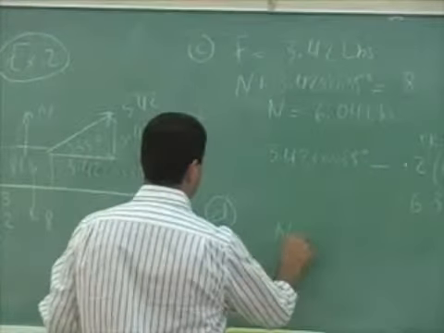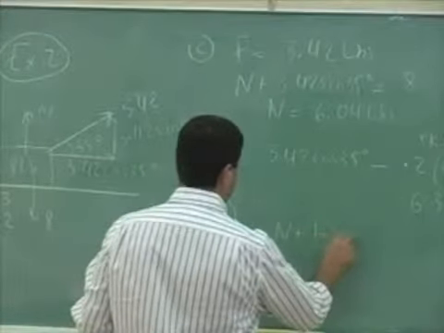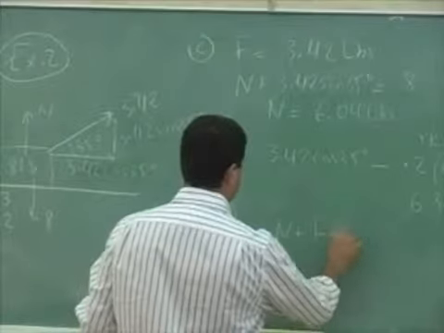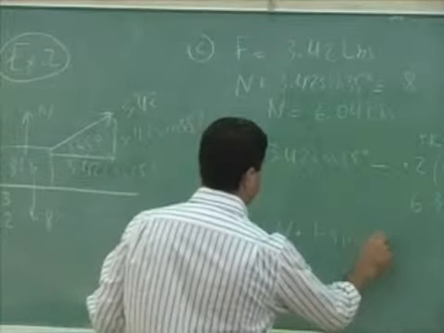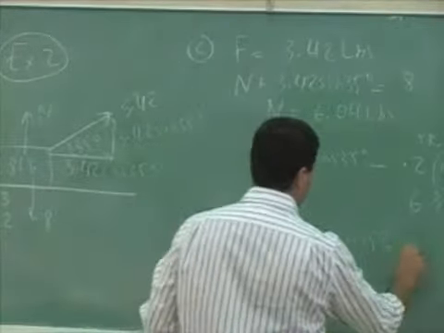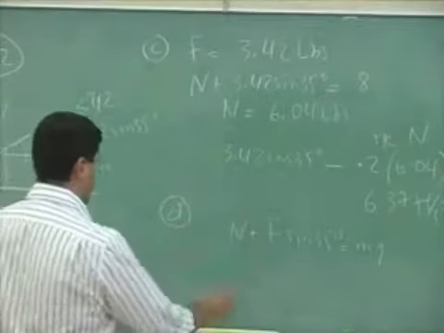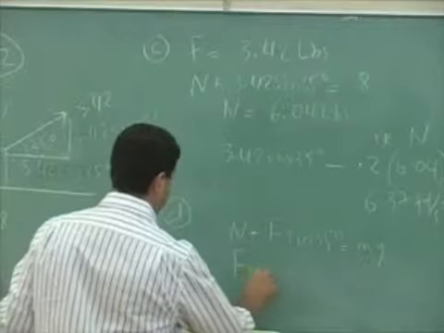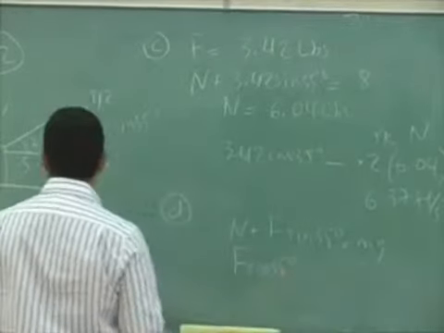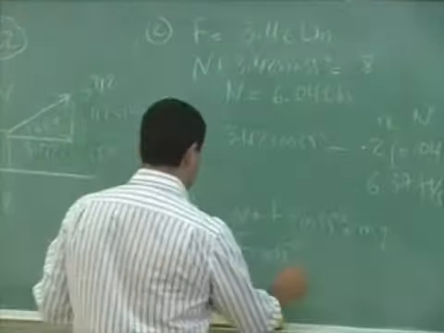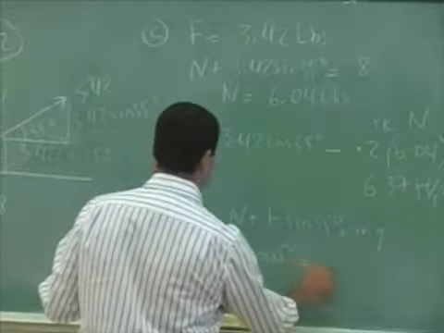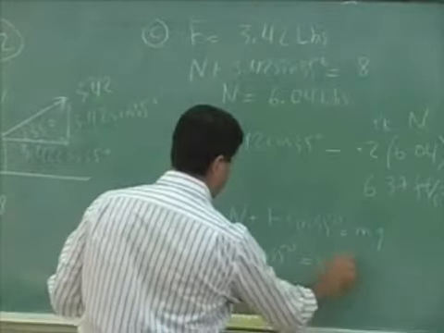We have n plus f sine of 35 is equal to mg. Remember, that's how we started the other day. And we have f cosine of 35 is equal to mu kn.